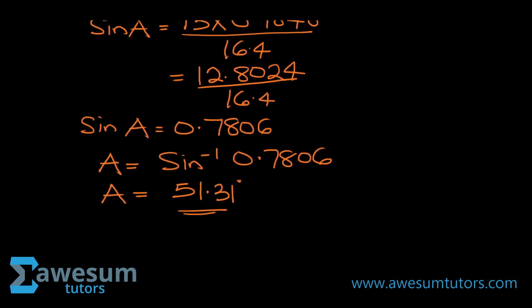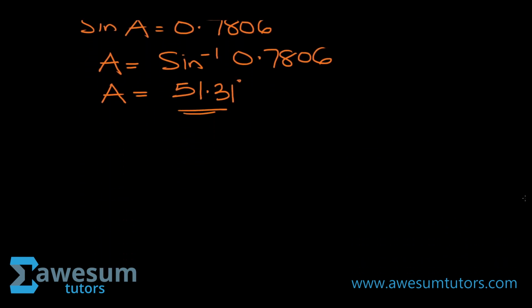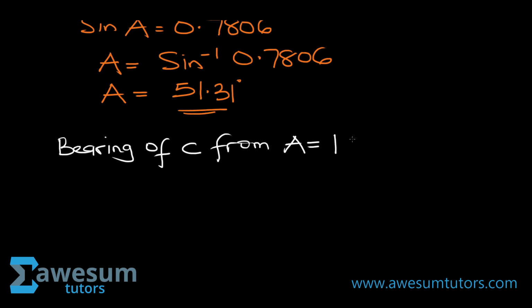So in that case, I can come down here and say the bearing of C from A is going to give us 180 minus, 50 plus 51.31, all these are degrees.